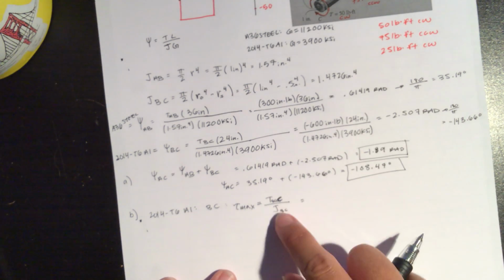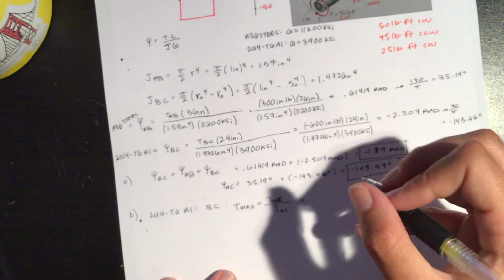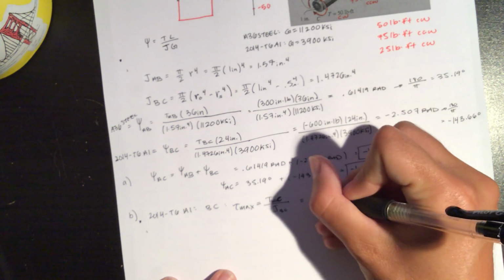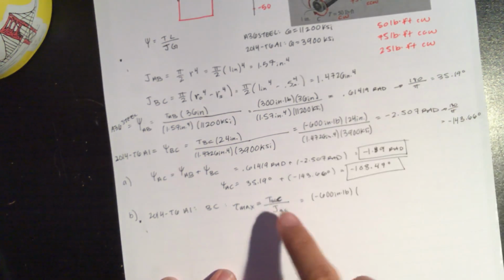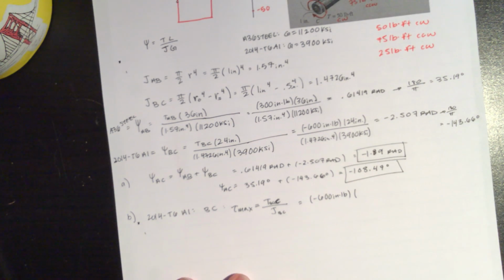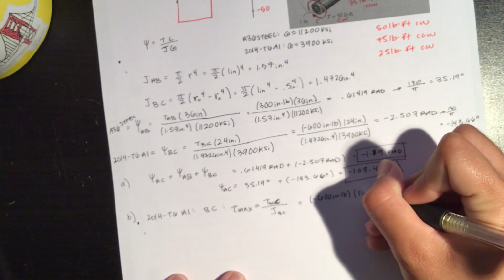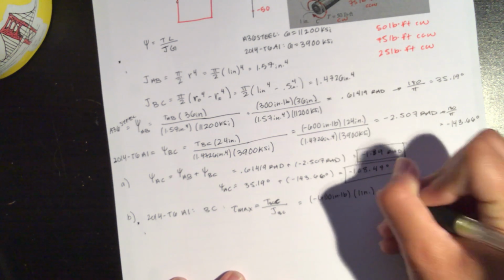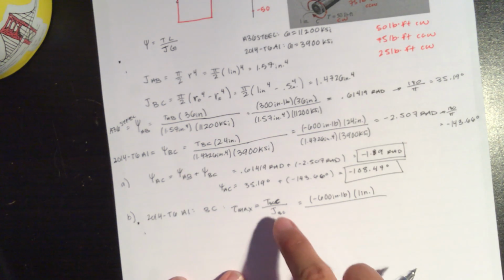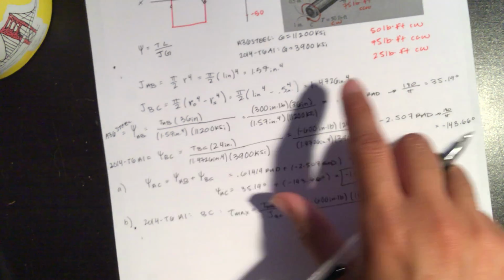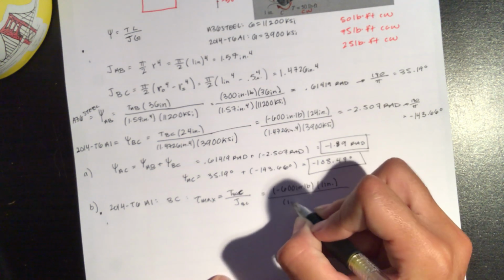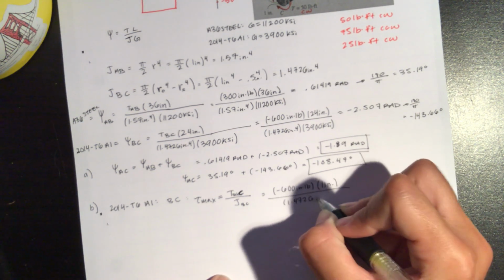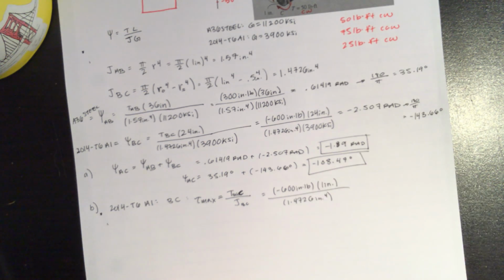So the max shear stress is equal to T BC, which is negative 600 inch-pounds, multiplied by C. C was found earlier because that is our radius, and that is 1 inch, over J BC, which is 1.4726 inches to the fourth.